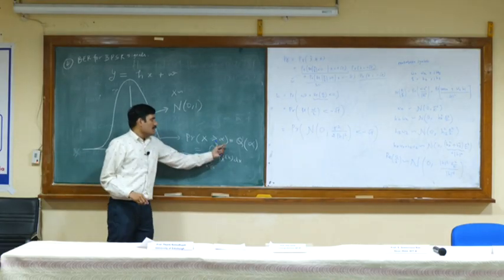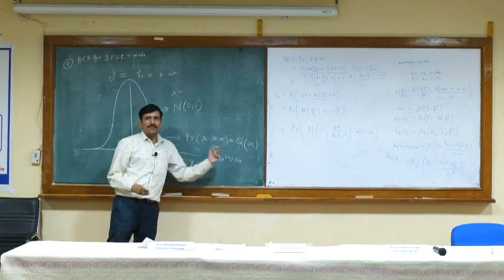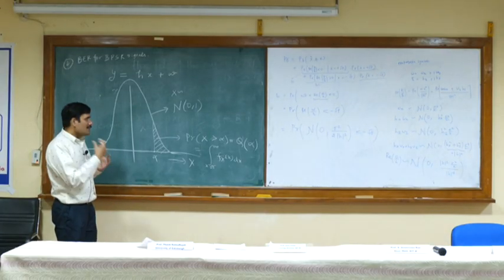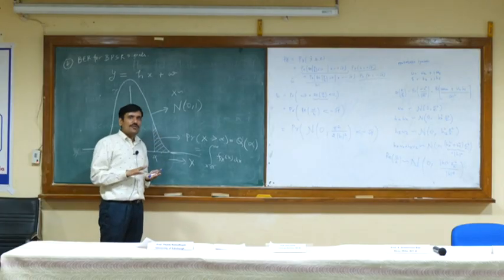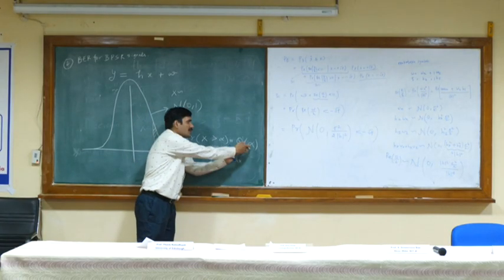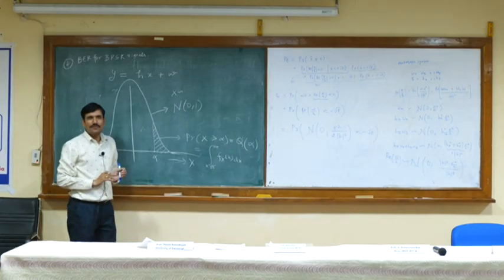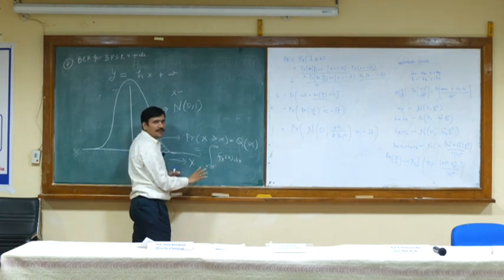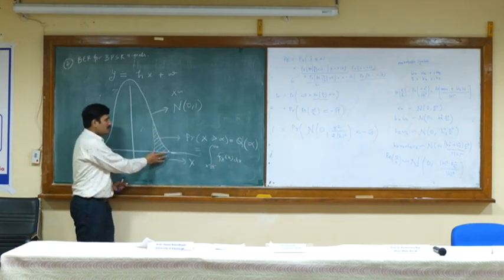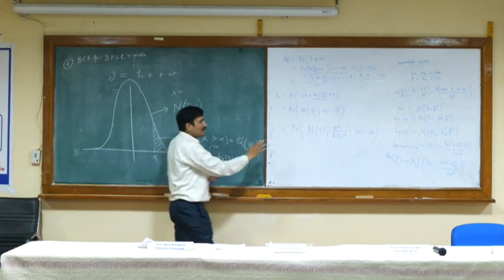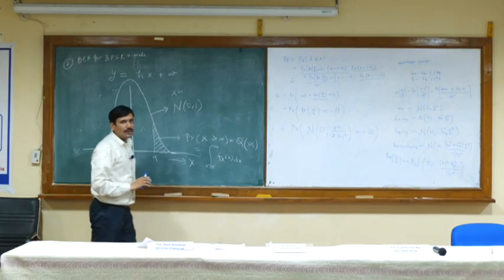And what will you get? You will get this Q function. This is already a ready-made, already set value, that this type of integral will be denoted by the Q function. So whenever you want to calculate the area under the Gaussian PDF, you can write it as the Q function.